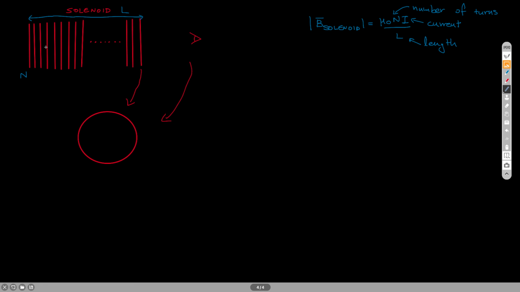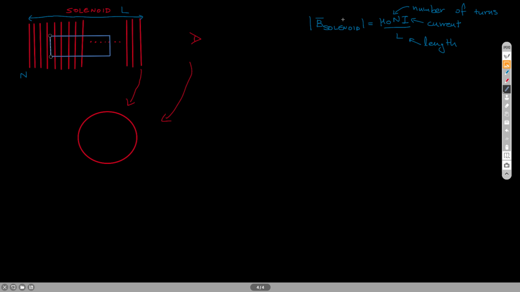This expression that gives you the magnitude of the magnetic field of the solenoid is valid only if you are near the center of the solenoid. It's not valid everywhere. This is the applicability, the conditions where this is true.